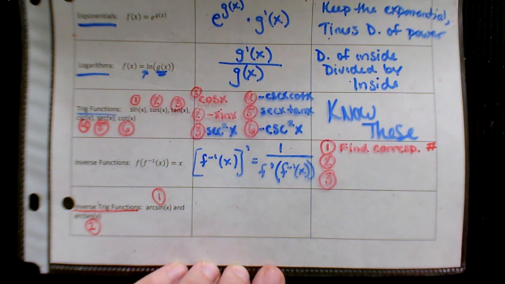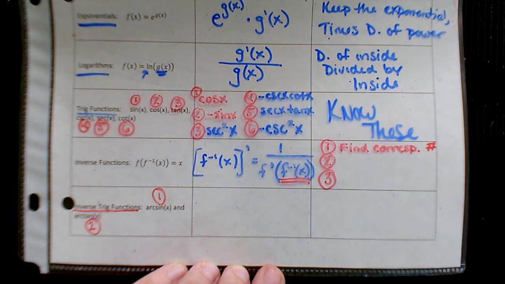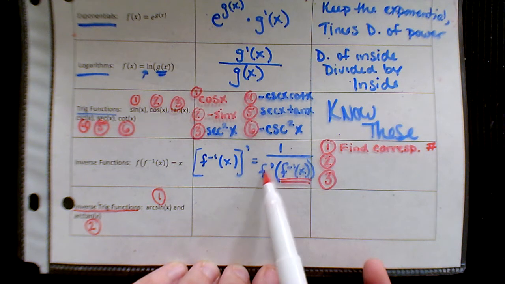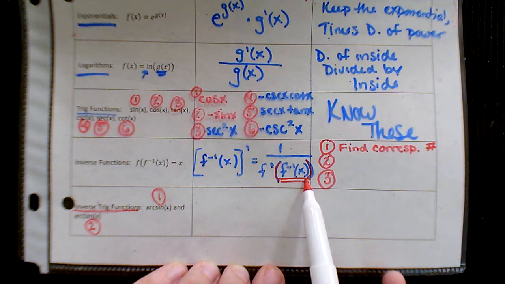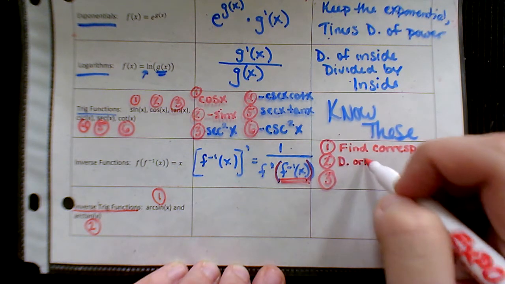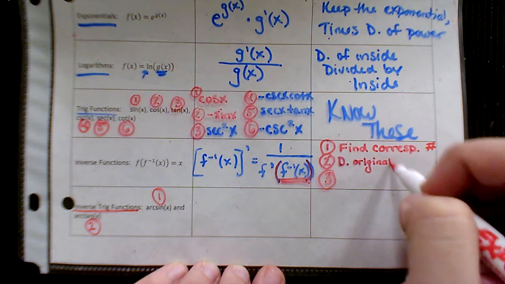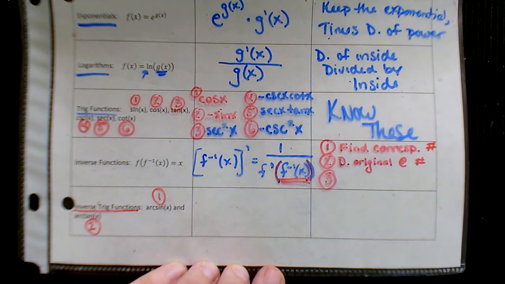What do we do after we find that number? That other x value. So we find this, and then if you look at the notation, we then have to figure out the derivative of the original function evaluated at that number. So we'll say derivative of original at this number.